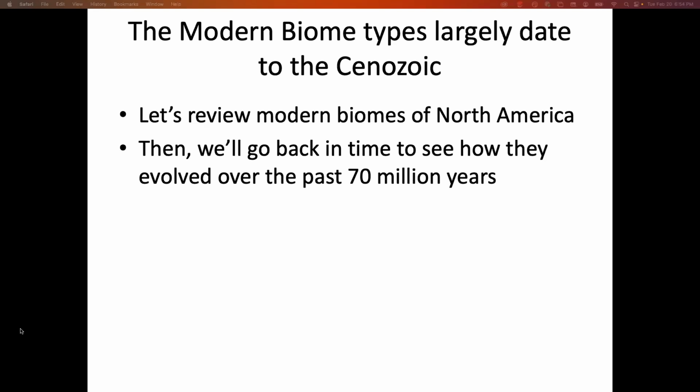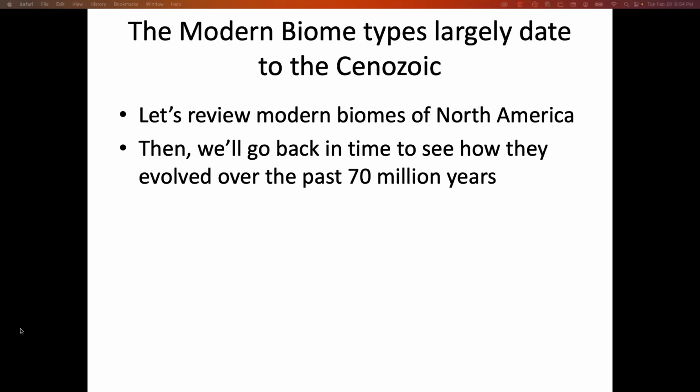That's the genus Quercus. Hickory trees are the genus Carya. It's been said that for most of those, the genus likely was already evolved by 70 million years ago in the late Cretaceous. So for most genera that you see out there today, they probably were already here, at least in terms of plants, by 70 million years ago.